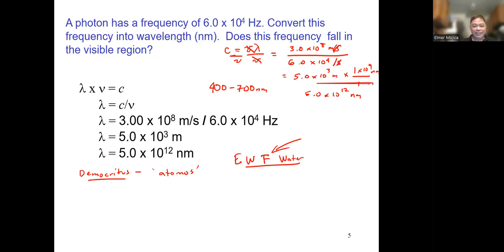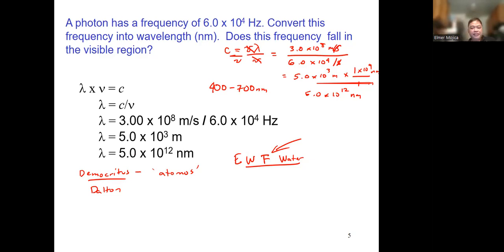Okay, until in the 1800s, an English school teacher by the name of John Dalton resurrected the idea of the atom, that for all materials, the basic unit is an atom, and it's different from one element to another. So he developed some postulates.